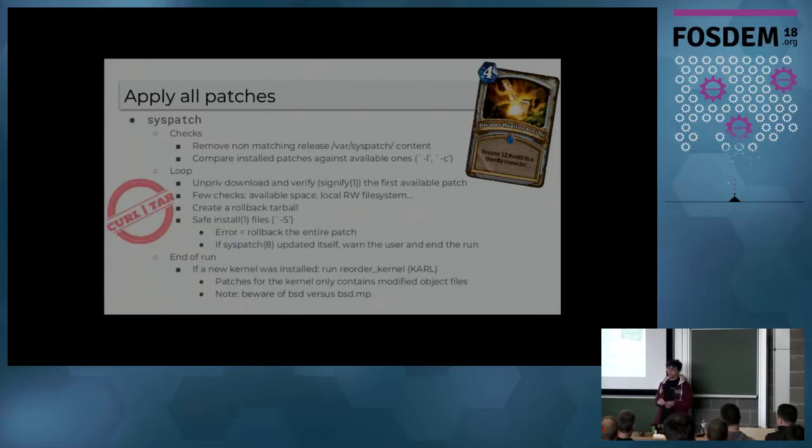It's different from KASLR, which is what I think they're doing on Linux, but it has a similar goal. So basically, we don't need to load the kernel in a random location because the kernel itself is randomized. So that's the main difference between KARL and KASLR.